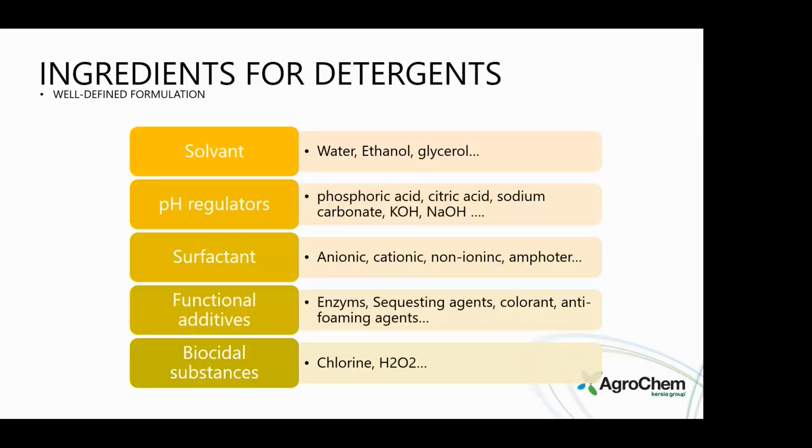We have the surfactants doing the work as well. I'll get into just a couple of information on the surfactants here in a moment, and then different additives that need to be added to it, or biocidal substances like chlorine, peroxide, those types of items as well.